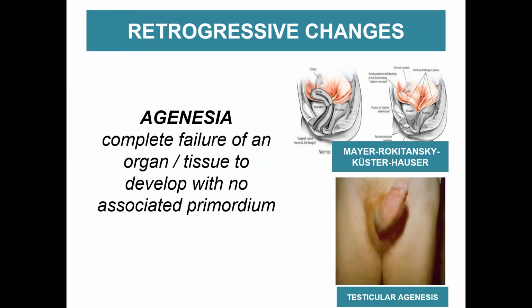You also have your Mayer-Rokitansky-Küster-Hauser syndrome. Basically, this is also congenital wherein there is a failure of the development of, I think, the external two-thirds of the female reproductive tract, so the vagina. There is a failure of which.